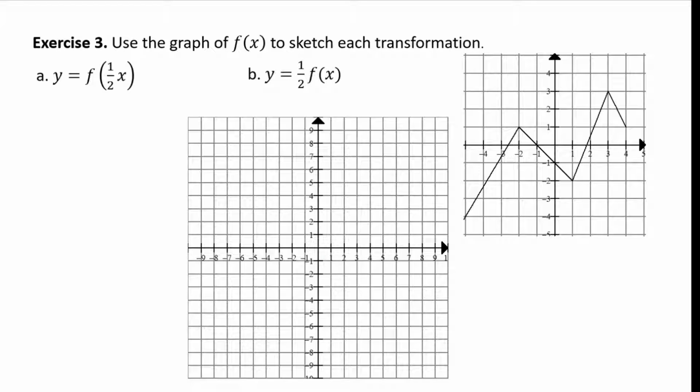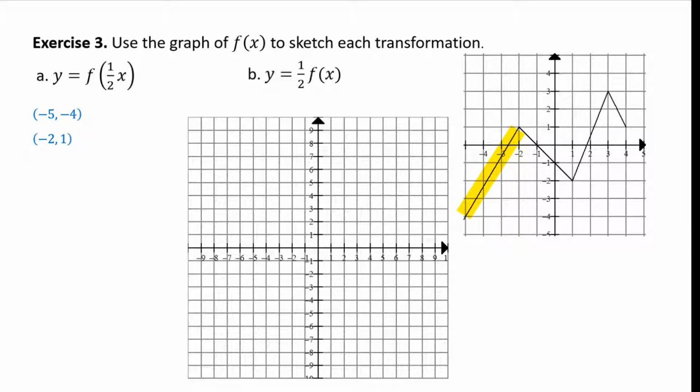Use the graph of f of x to sketch each transformation. The graph we're transforming consists of 4 connected line segments. The first segment increases from (-5, -4) in quad 3 to (-2, 1).